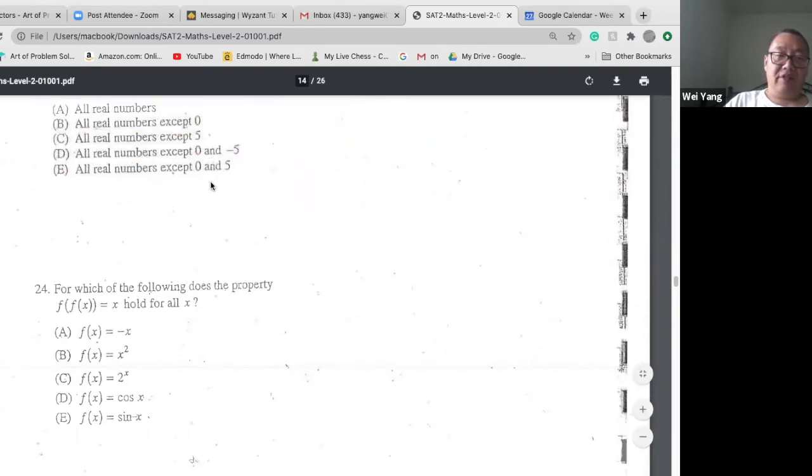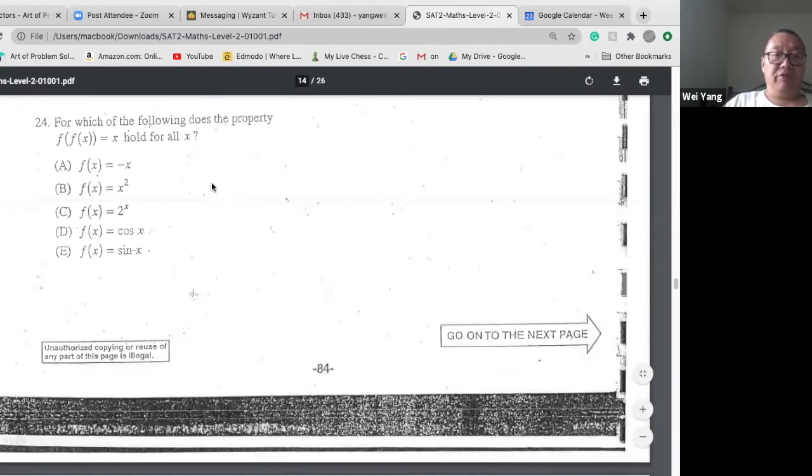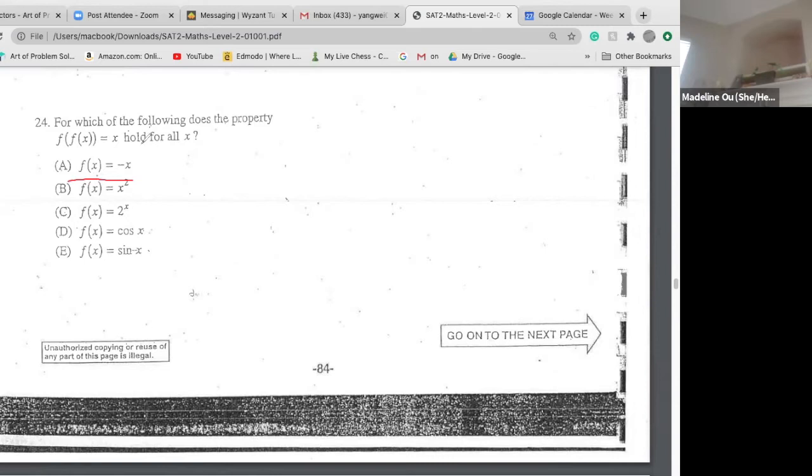Okay, now let's see 24. What's your answer for 24? A. You got the A. It says, for which of the following does the property, this one equals x, hold for all x? Okay, now let's say f(x) equals negative x.